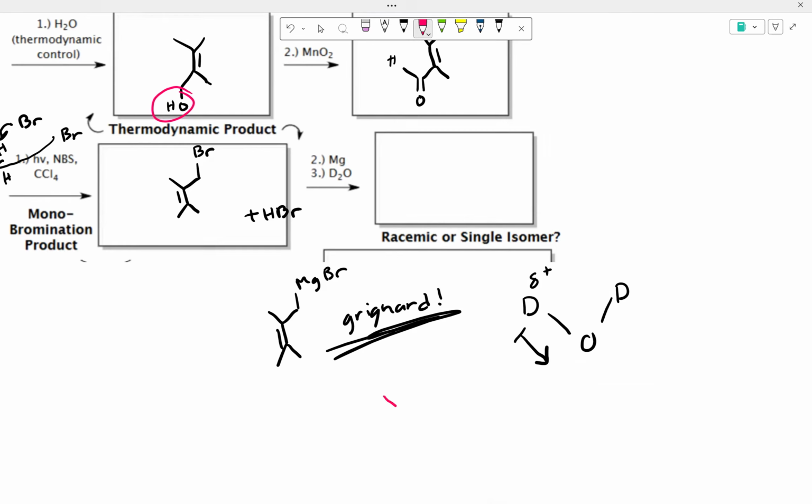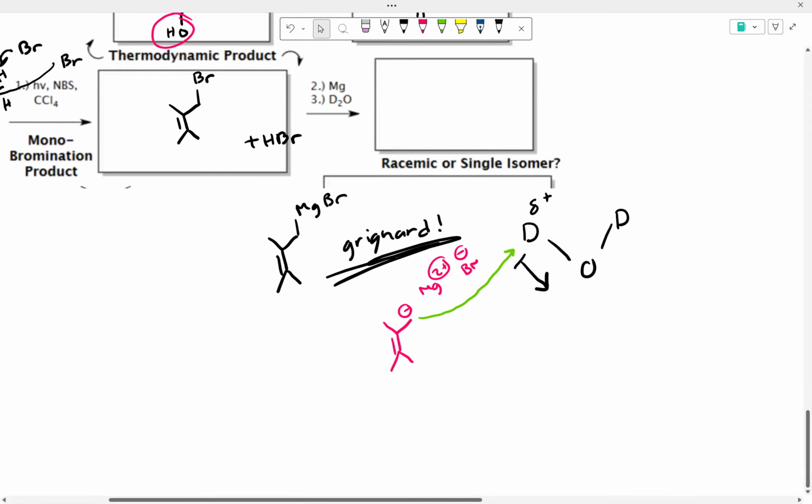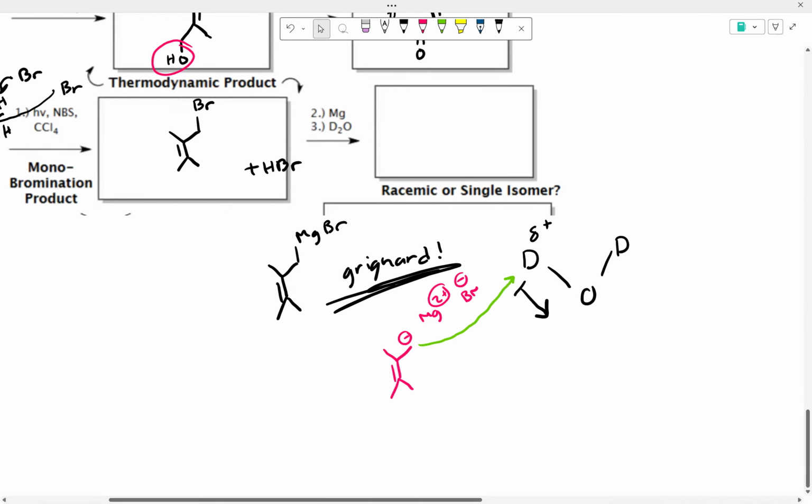And we should remember that in reality, what's happening with the Grignard is that this carbon has a negative charge, magnesium has a positive 2 charge, and bromide has a negative charge. So the negative charge of the carbon attacks the deuterium and adds it.